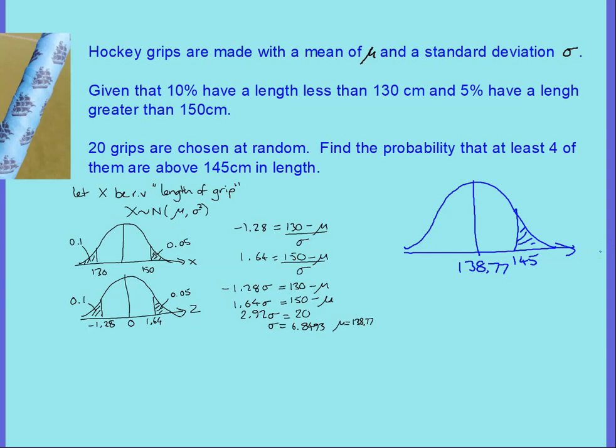Standard deviation would have been really useful if I'd stored these, but I didn't. So here we go, 6.8493, and the mean is 138.77. And up to this point, which is what I'm working at, up to this point is 0.818. So I'm just going to take that away from 1, and this is 0.1815.